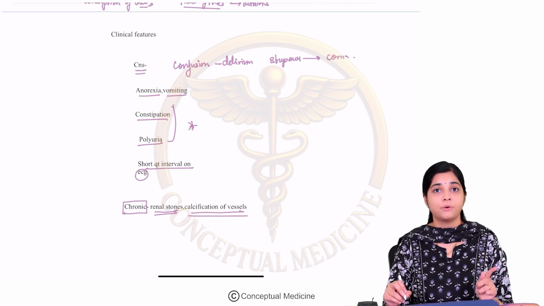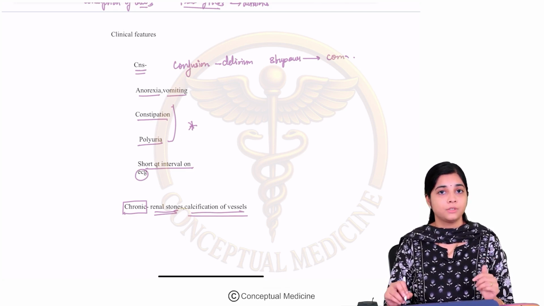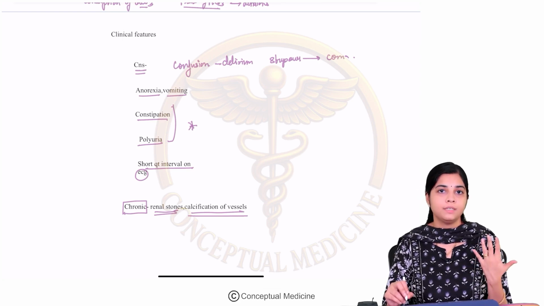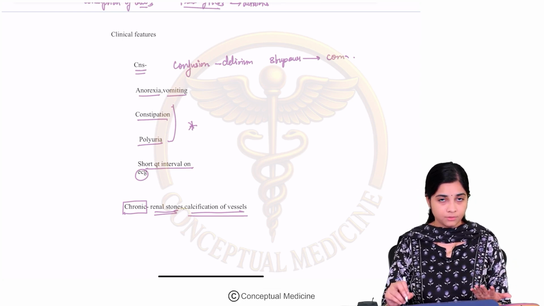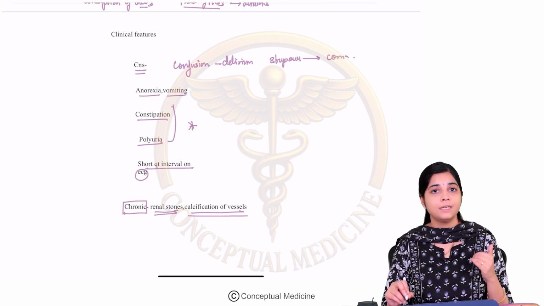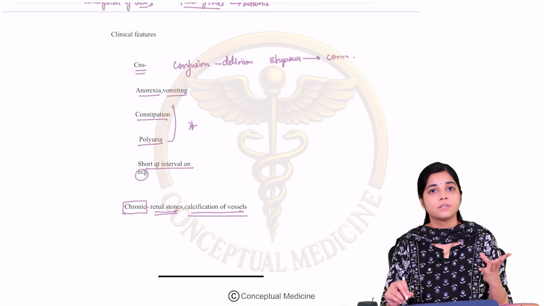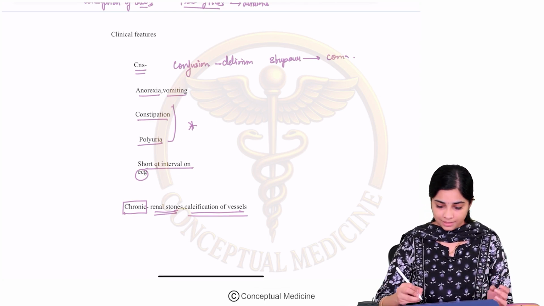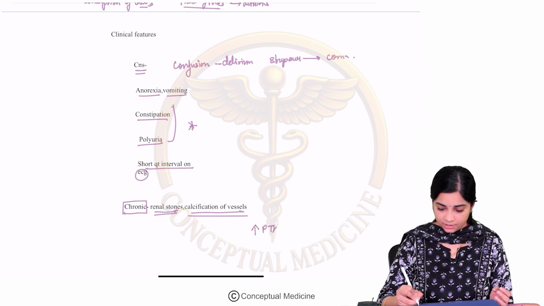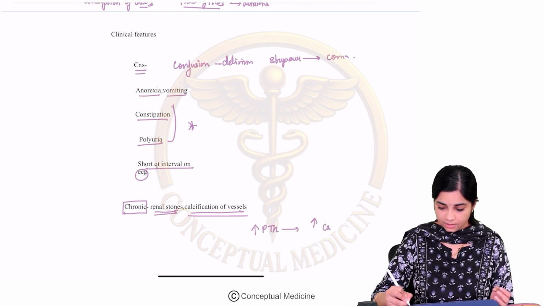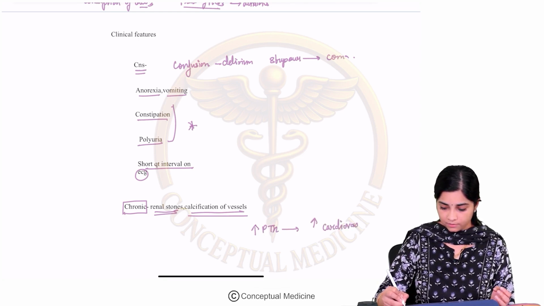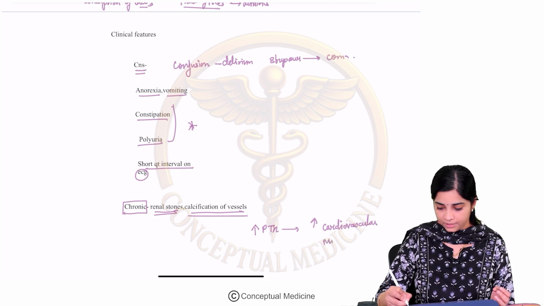So this has a very important clinical implication. For example, in your CKD patients, what we have been taught is that long-term hyperparathyroidism has a negative impact on your cardiovascular system. That means that increased PTH is associated with increased cardiovascular morbidity.